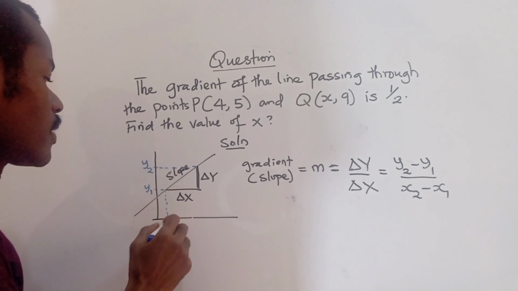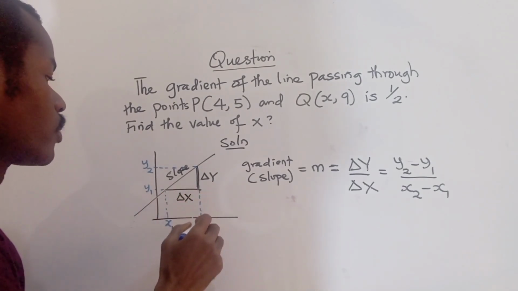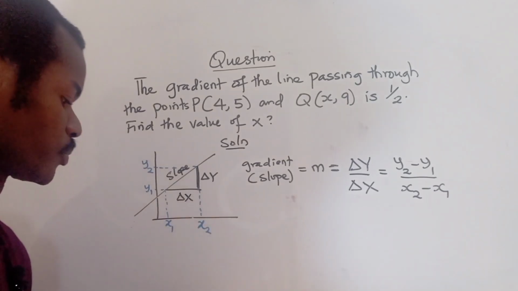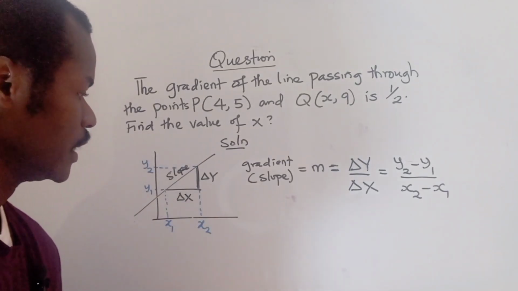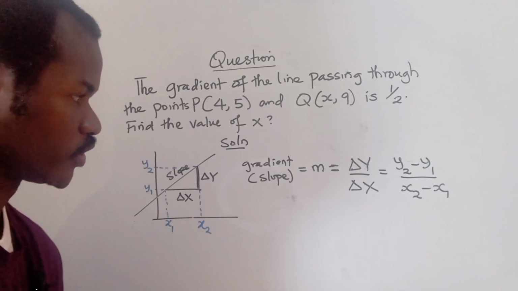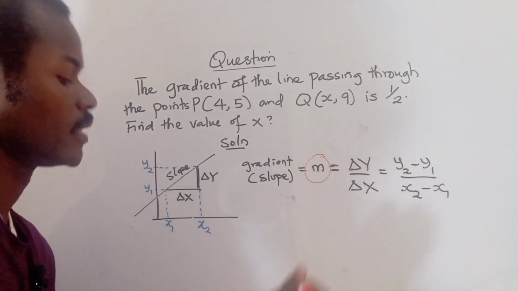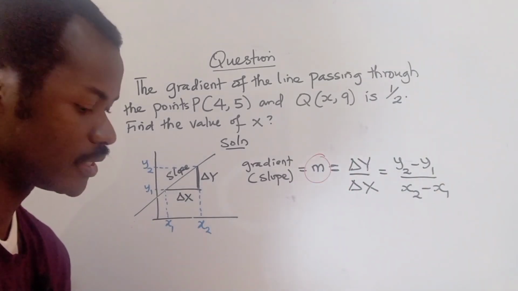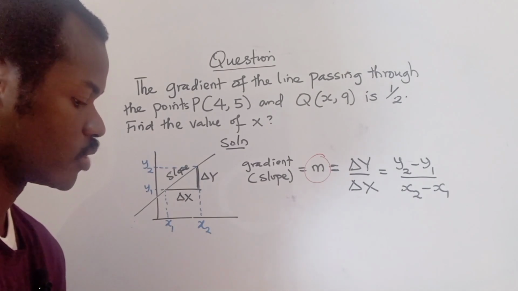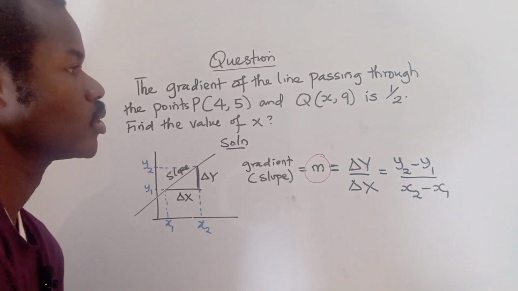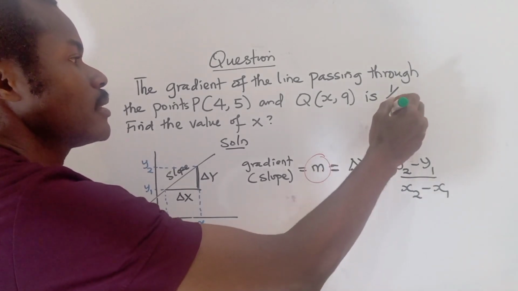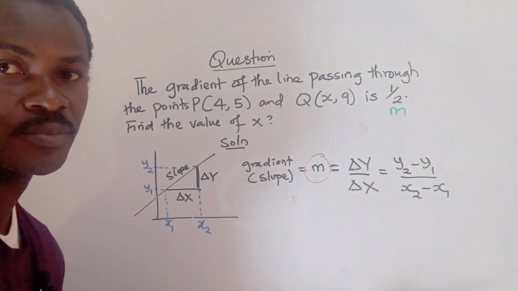This point is our x1 and this point is our x2. From the question we can see that our m, the gradient, is given as a half.